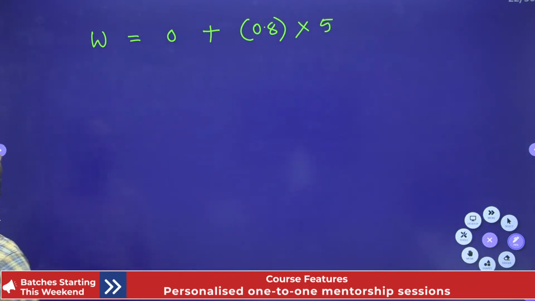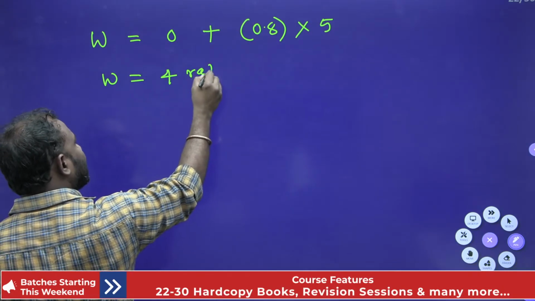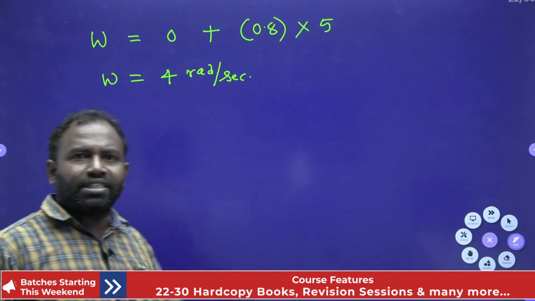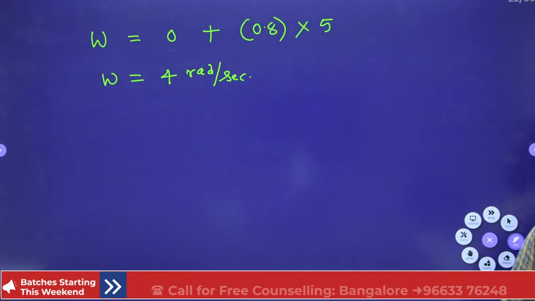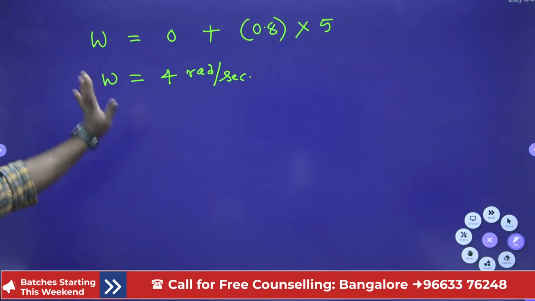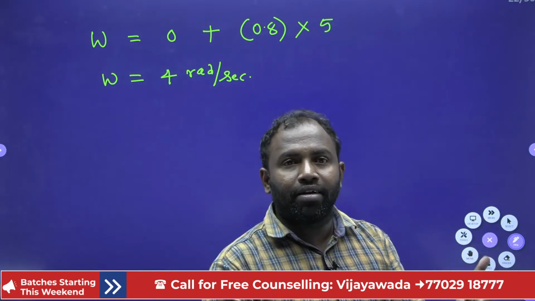And now my angular velocity W I am going to get is 4 radian per second. Yes, guys. Please do respond. Now here I got the angular velocity after 5 seconds, but I don't require the angular velocity itself.